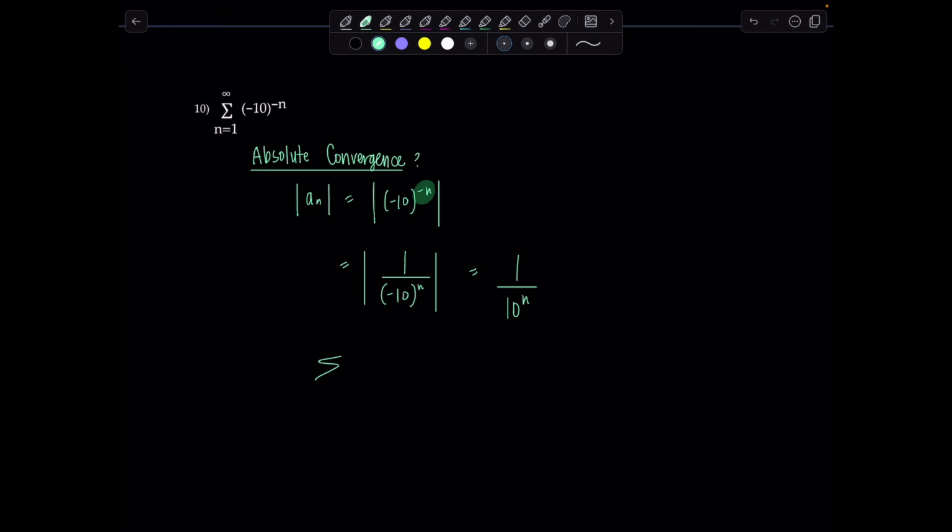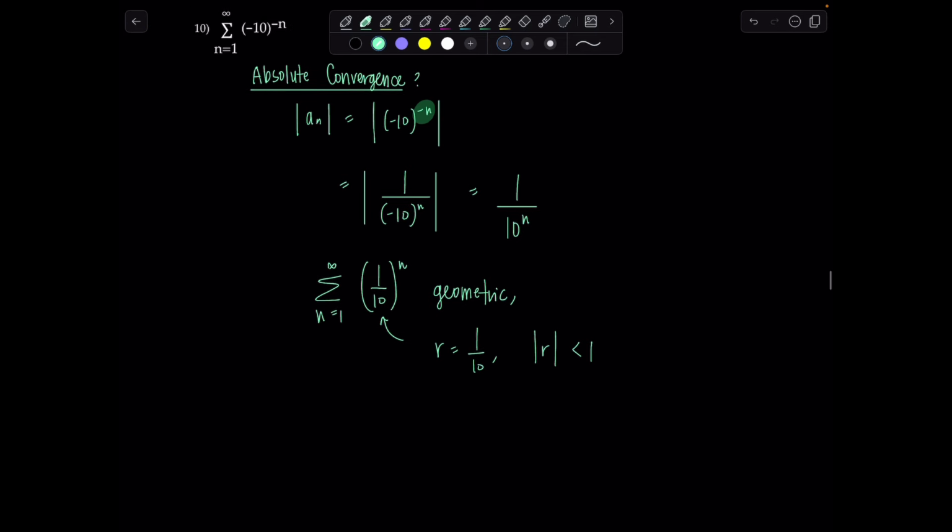Well, you guys, what do we know about the sum n equals 1 to infinity of 1 over 10 to the n? You could rewrite it as 1/10 to the n, which is geometric. r is 1/10. And the absolute value of r for geometric, we always compare it with 1.